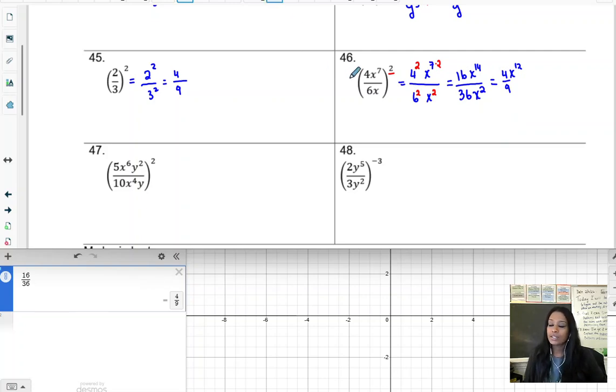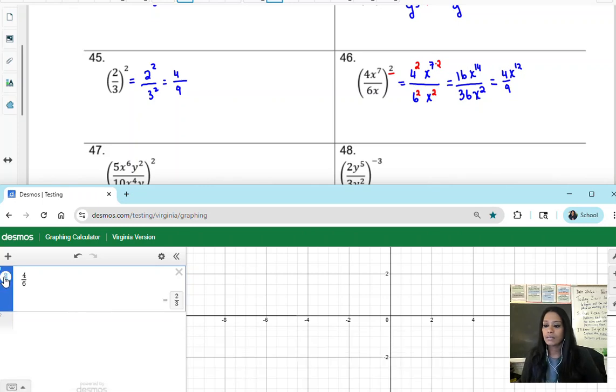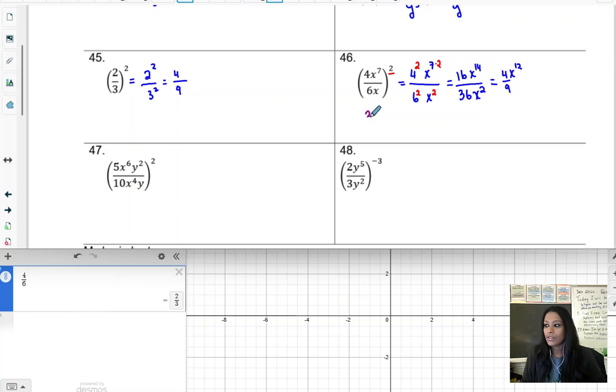Now, another way you can do it is if you want to, you can go ahead and simplify the inside part first and then do the power. So you could do 4 over 6 first, reduce that, and then you get 2 over 3 inside. And then the x part, 7 minus 1, which is 6.